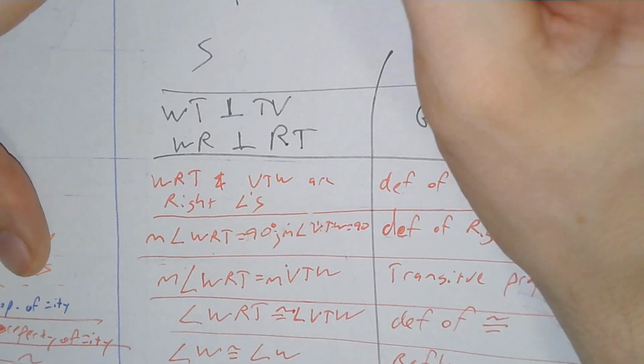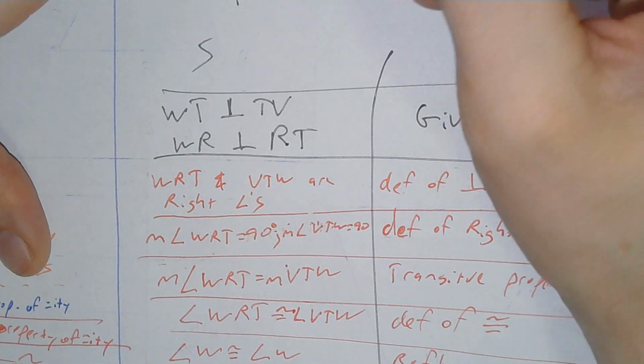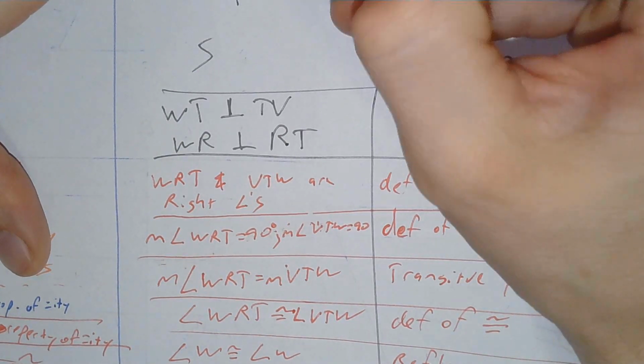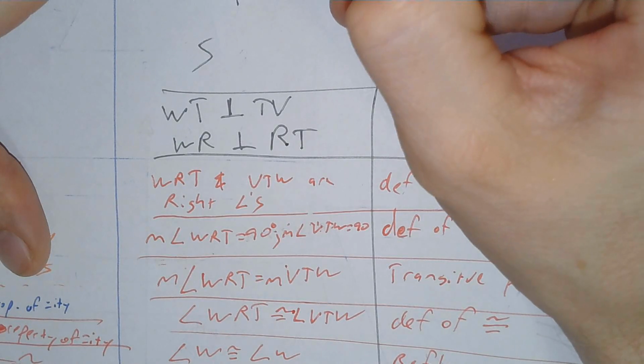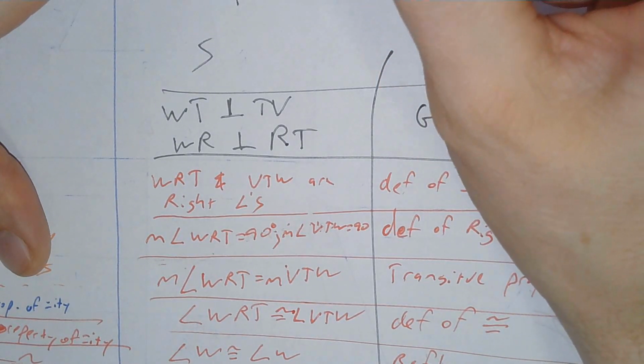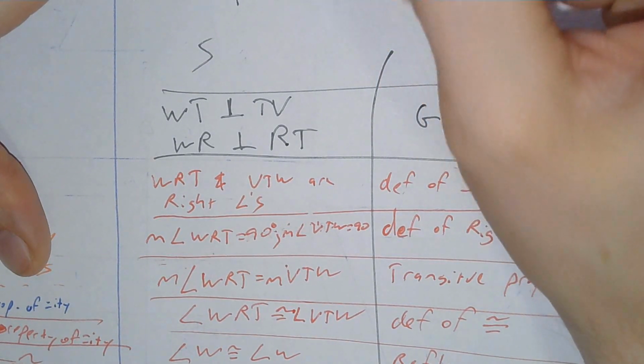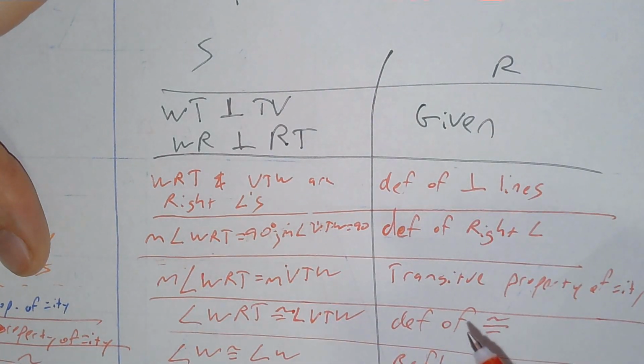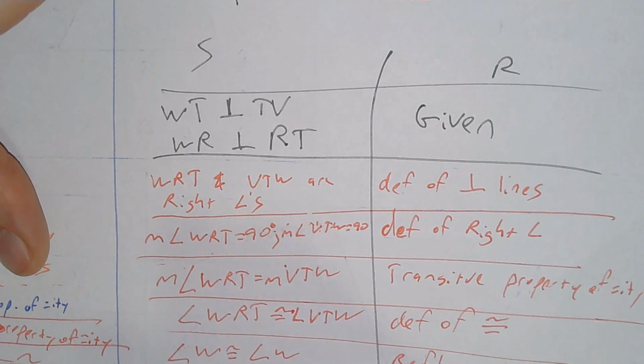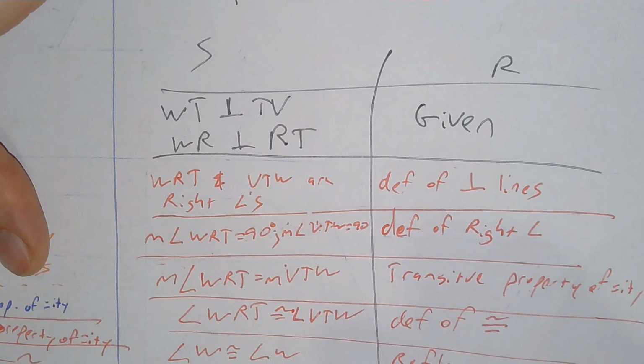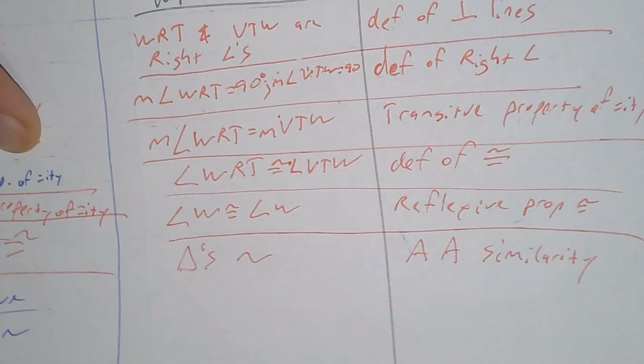And since that one shares the angle with both, you now have these two angles that are congruent, right? So you have the two triangles are similar by angle similarity. There you go.